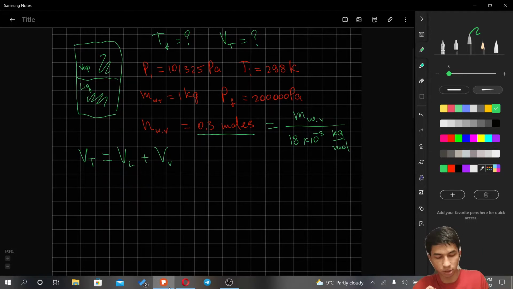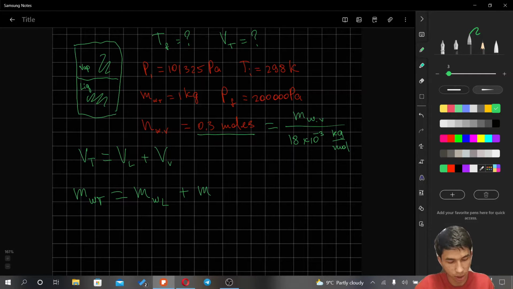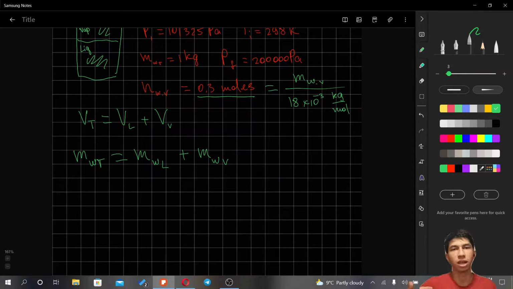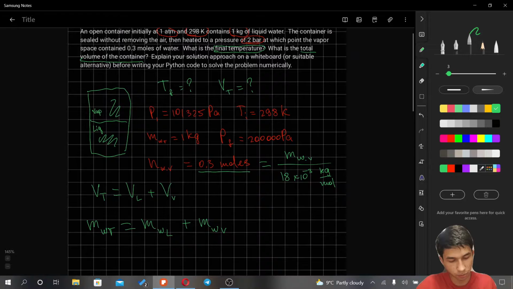So we also have our second equation. The mass of water total equals the mass of water in liquid phase plus the mass of water in vapor phase. The mass of the water total is given in the question.